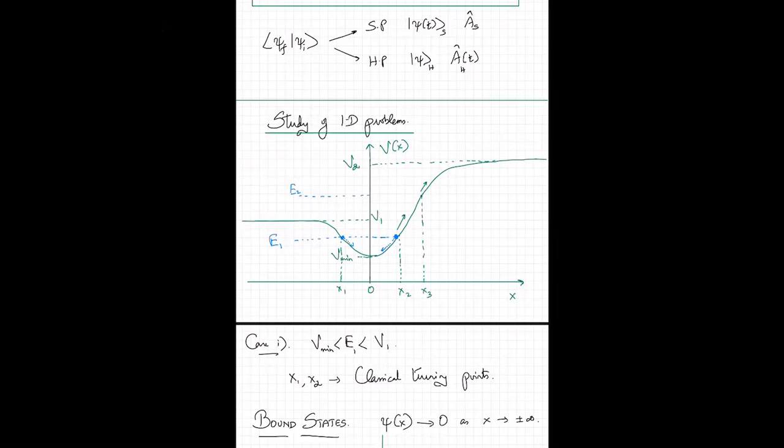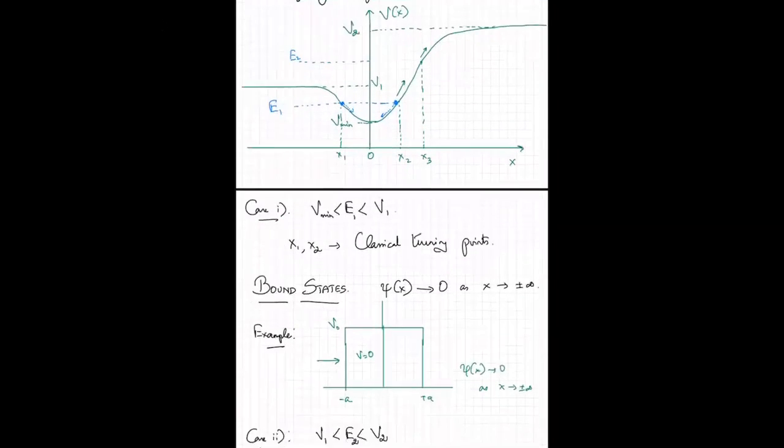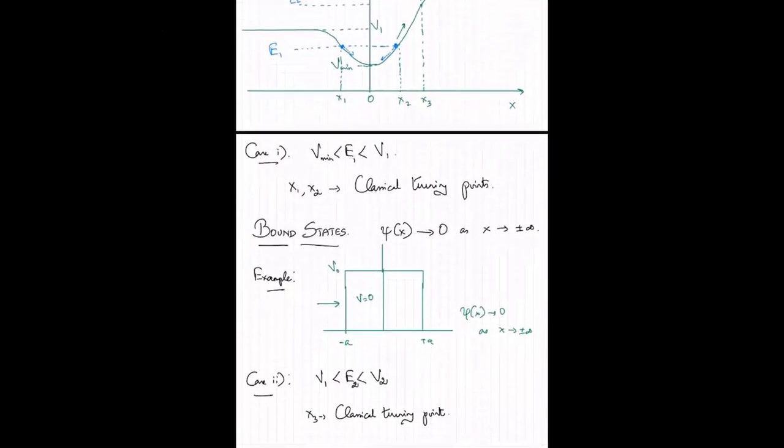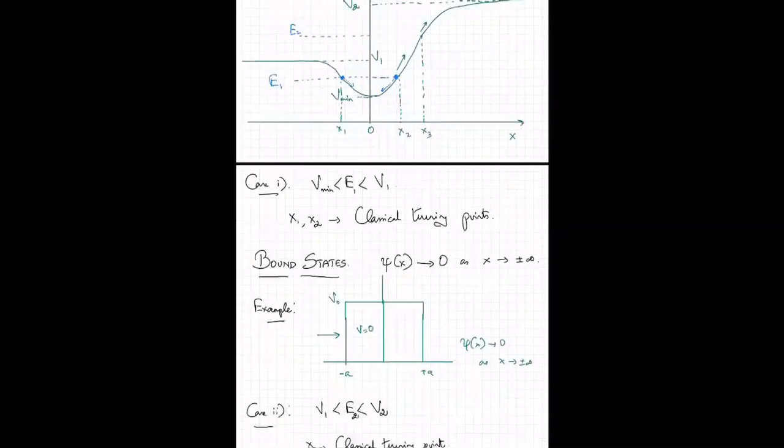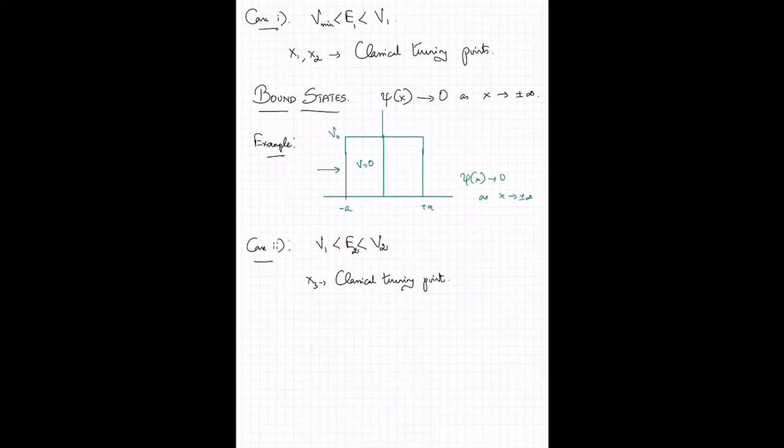So the motion of the particle is bound on one side by the classical turning point, but it is unbound on the other side. This is an interesting motion where the particle has a classical turning point in one direction, but has no turning point in the other direction, where it simply keeps going on and on. Such states in quantum mechanics are called scattering states.